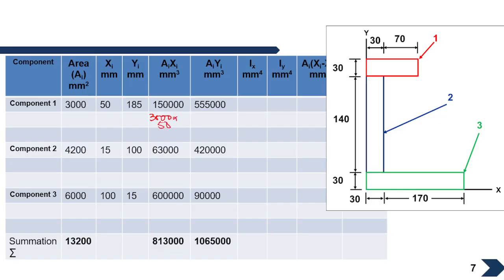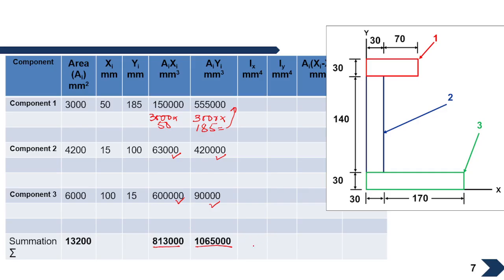If we do this, we'll get this value. Similarly, AI into YI, so AI is 3000 into 185. If we multiply, we'll get this value. Similarly, we can get it for the other components, and we can do the summation, because we need it at the end.